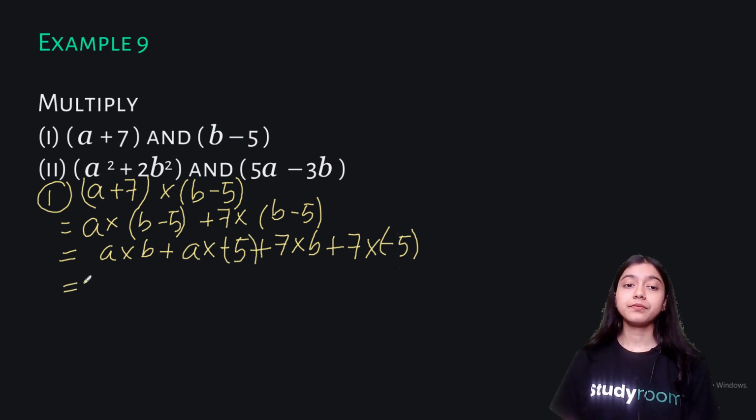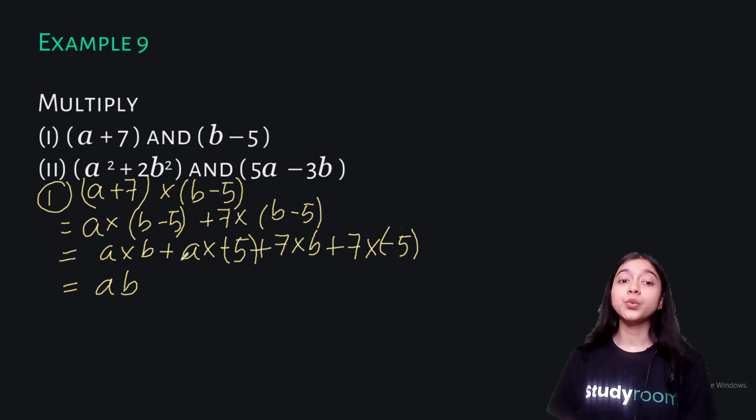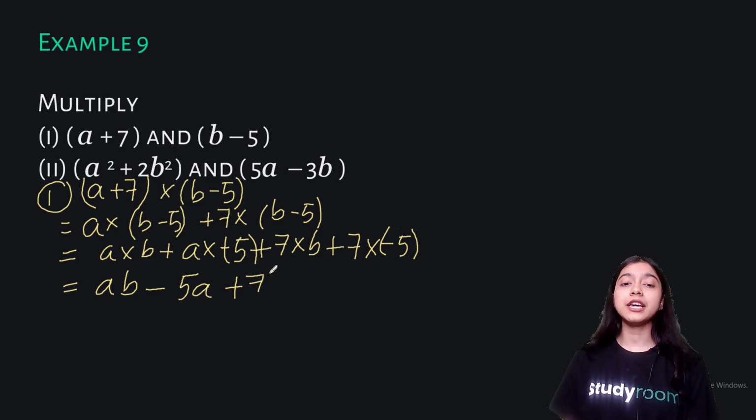Here we have a multiplied with b, which simply gives us ab. Now over here, be careful. We have plus a multiplied with minus 5. We know that plus multiplied with minus gives us minus. And 5 multiplied with a gives us 5 times a. Again, over here we have plus 7 multiplied with b, which gives us plus 7 times b.